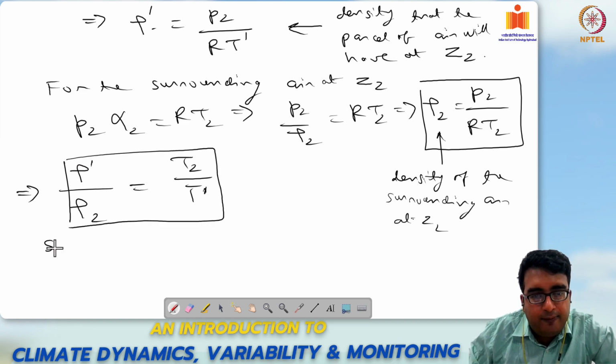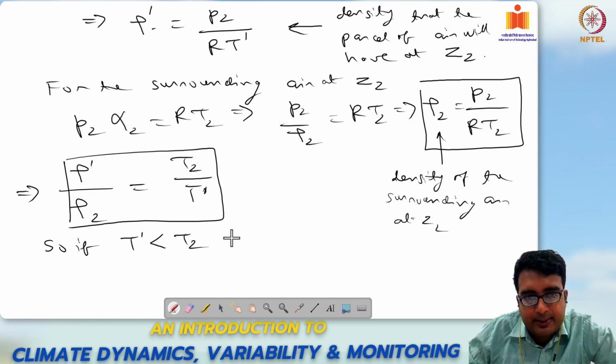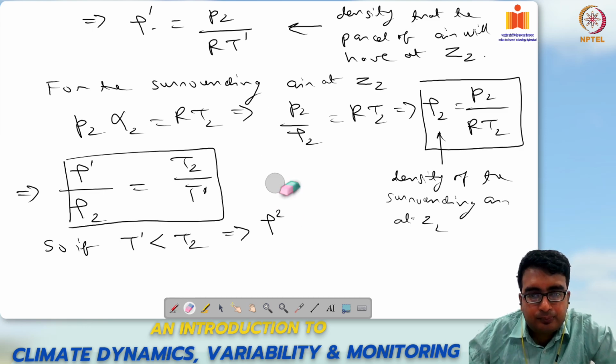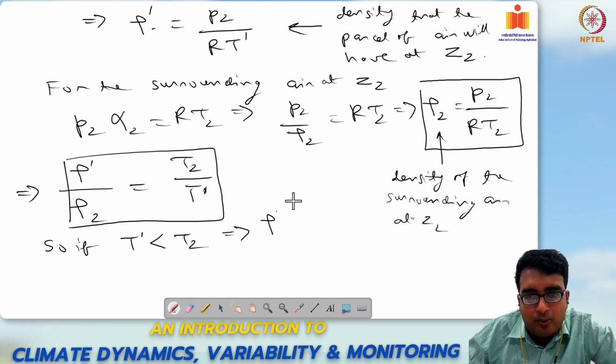So if T prime is less than T2, as has been shown, this implies rho prime is greater than rho 2.